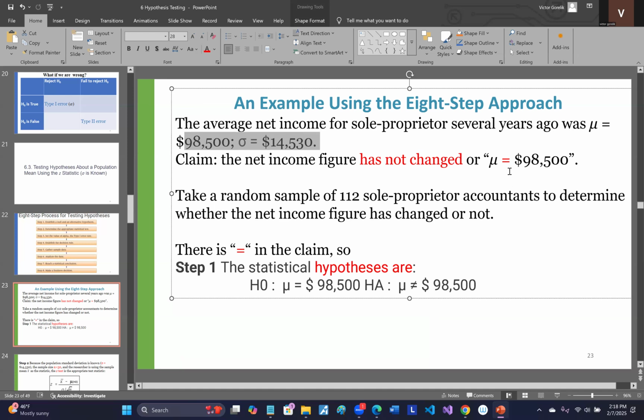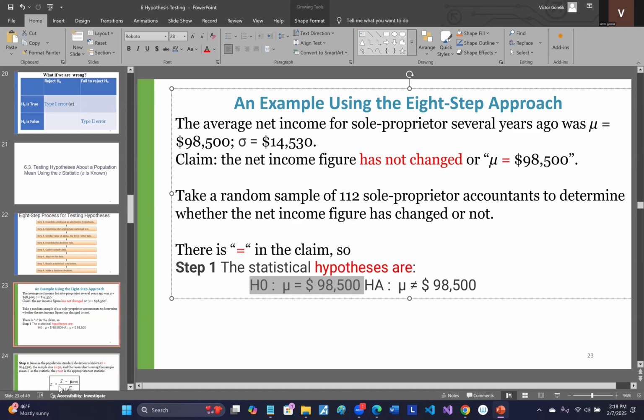Make a decision on the claim that the net income figure has not changed, or mu is equal to $98,500, by taking a random sample of 112 sole proprietor accountants to determine whether the net income figure has changed.